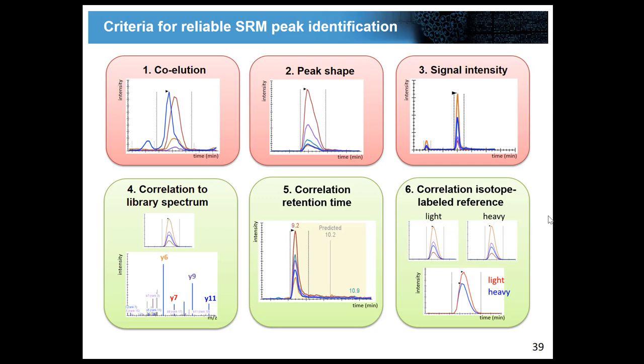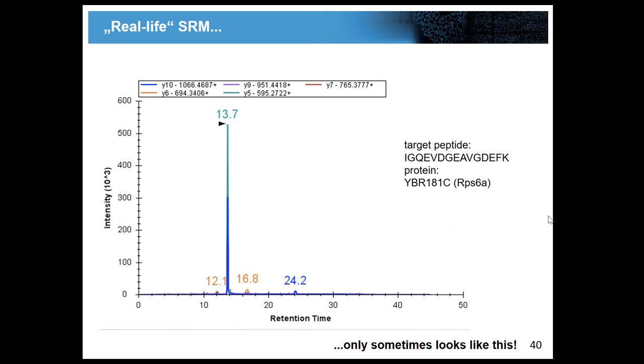Now I brought a few screenshots from my own data where I would like to practice these 6 criteria with you together. This is an example from yeast, where I tried to measure this yeast protein with this peptide sequence. I monitored it with these 5 transitions. You can see it's a non-scheduled run because you see data over the whole retention time, up to 50 minutes, and there's just one peak.